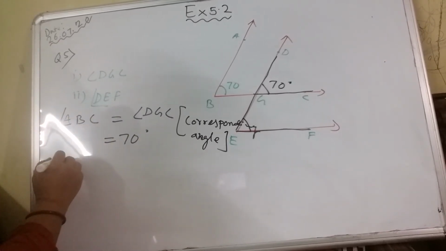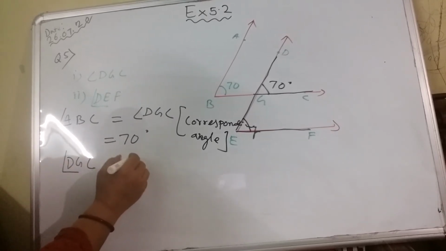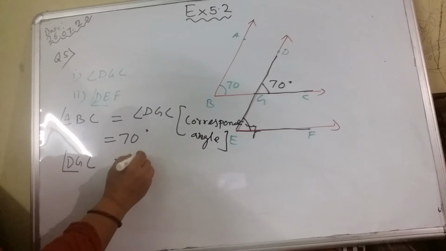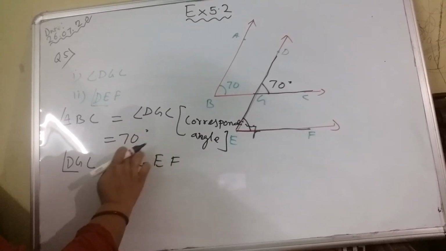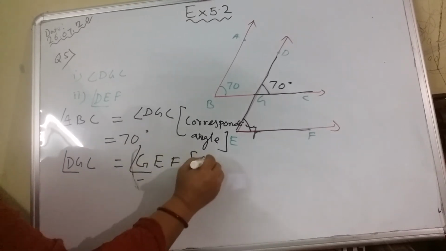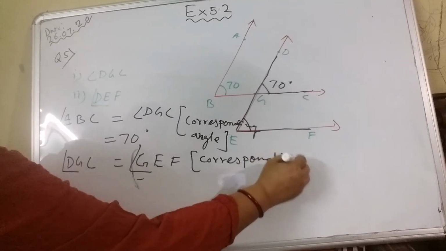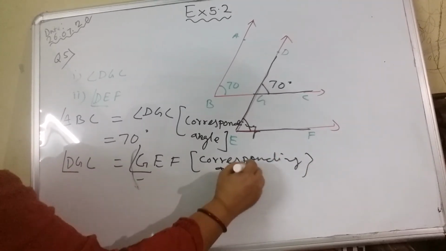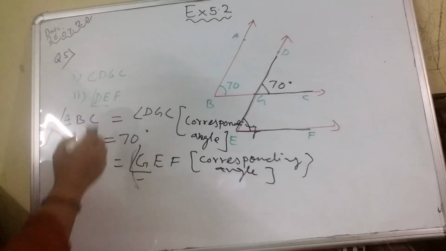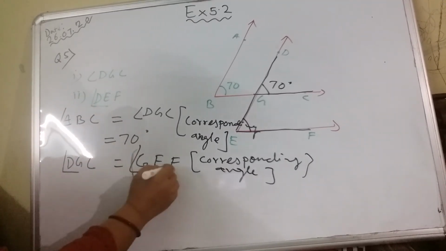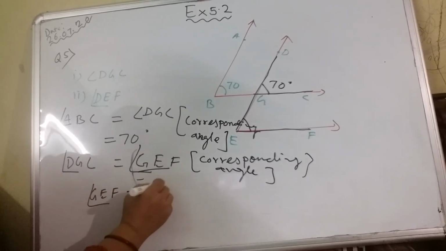So angle DGC equals angle GEF because they are corresponding angles. And DGC is equal to what? 70 degrees. So GEF will also be equal to 70 degrees.